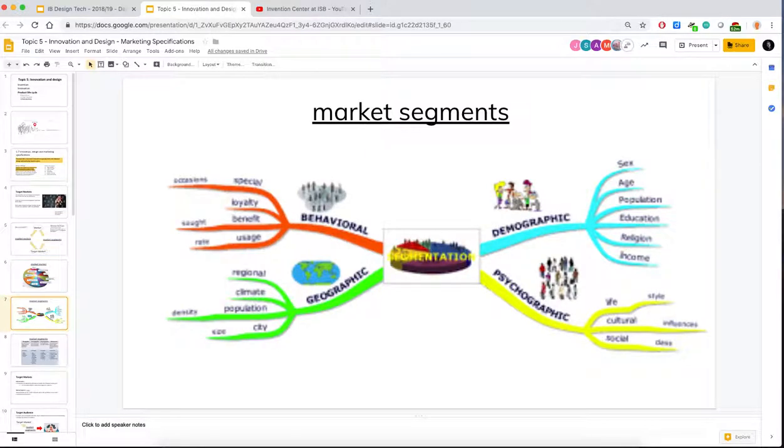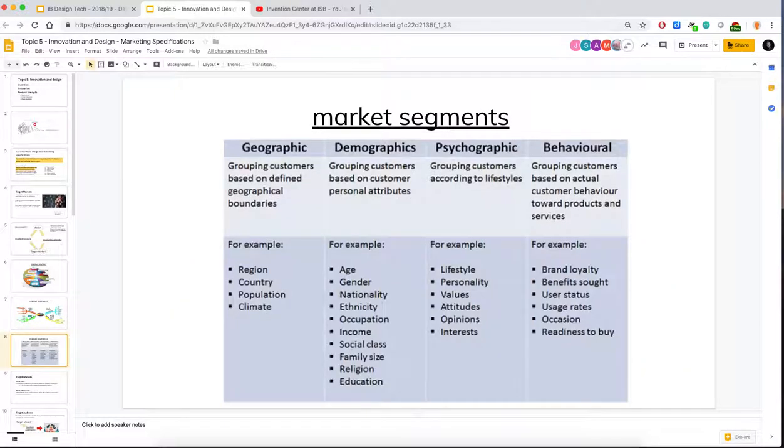Market segments start to be more organized, with more detailed information. It's kind of saying the same thing, but giving you more details about it. You can divide it up based on geography, demographics, psychological factors, and behaviors. Those are the big four things that differentiate the sectors from the segments.